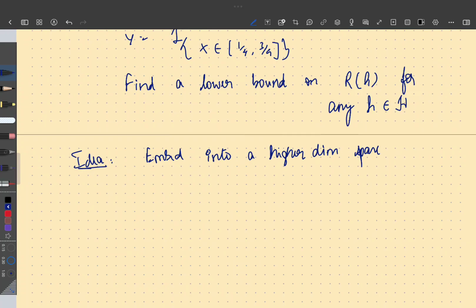Okay. So the idea is to embed into a higher dimensional space. Specifically, you look for a map from X to some higher dimensional space, let's say X prime, and then find, let's say, an SVM over X prime.